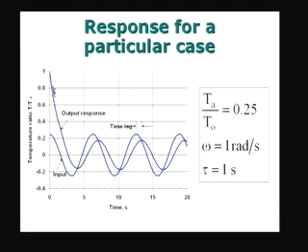I have the temperature ratio T divided by T naught plotted as a function of time, and the input is Ta by T naught equal to 0.25. This is the amplitude, 0.25 times the initial value, and the omega is 1 radian per second.